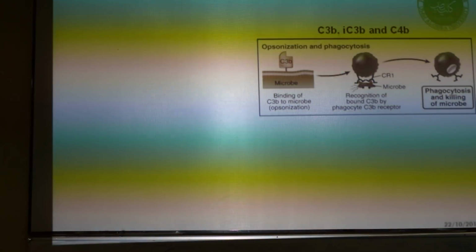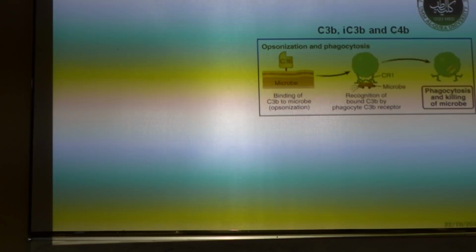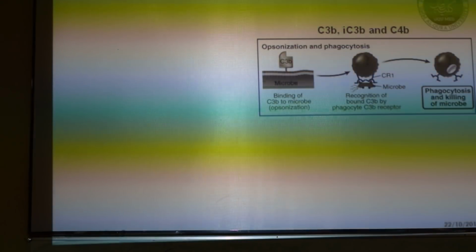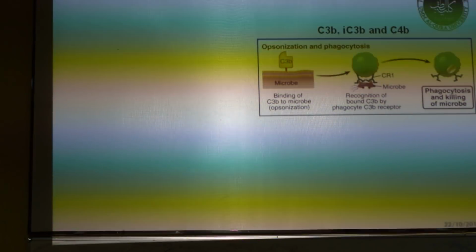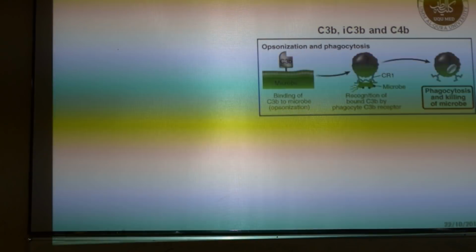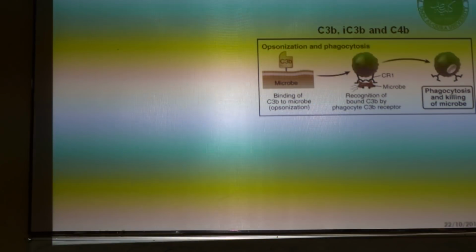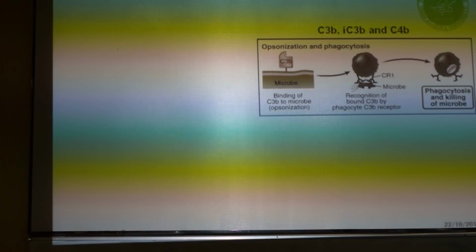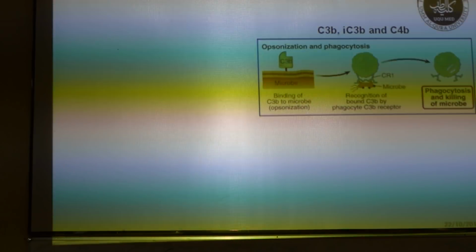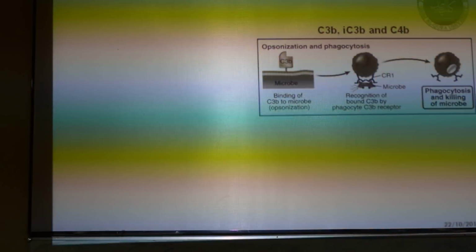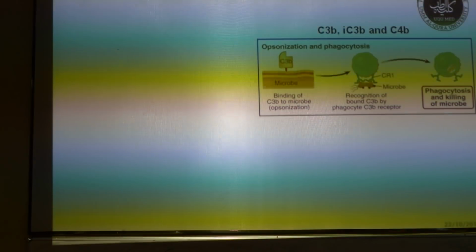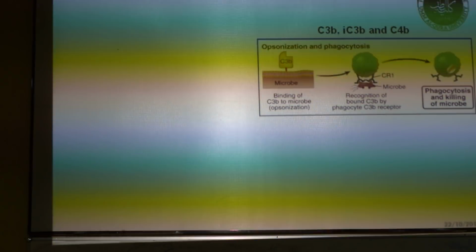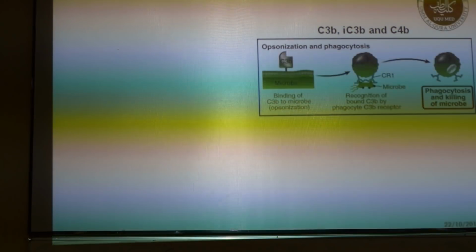In the next you can see the green macrophage, which can recognize it with the help of CR1, complement receptor 1. Once it recognizes it, it is going to eat it up, engulf it. So opsonins help in phagocytosis. The complement protein will tag the bacteria so that macrophages or monocytes can recognize it, engulf it and eat it. So opsonization helps in phagocytosis.